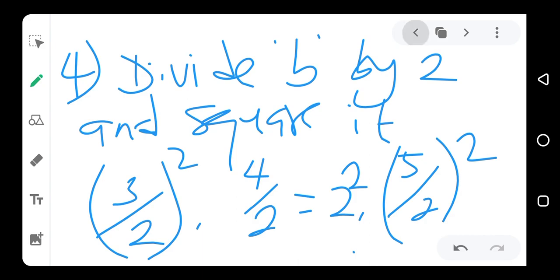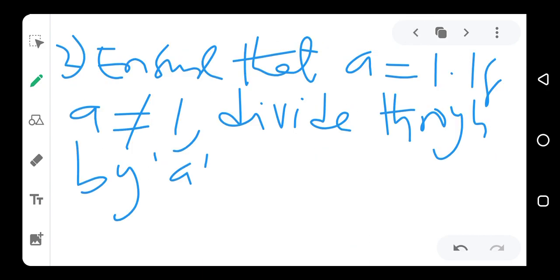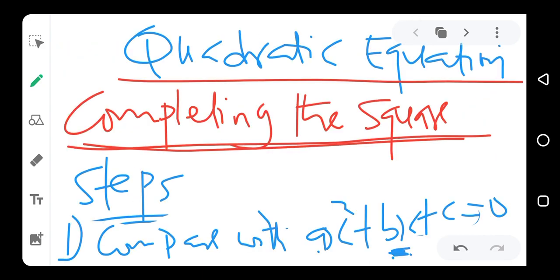Let's go back to the original equation. Now this is the original equation. We remove this bx, remove it entirely, and then that is for the left hand side. You know that we have moved c to the right hand side.